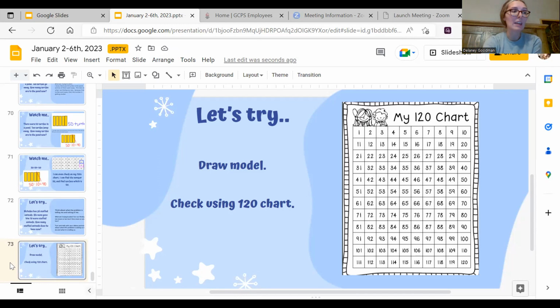Today and every day, it is important to remember that we can draw out base 10 blocks for larger numbers rather than using the actual blocks in person because it makes us more efficient when we are finding one more, one less, 10 more, or 10 less. It is easier. If you still need to use the manipulatives, that is okay, but it is also okay to draw them, okay?